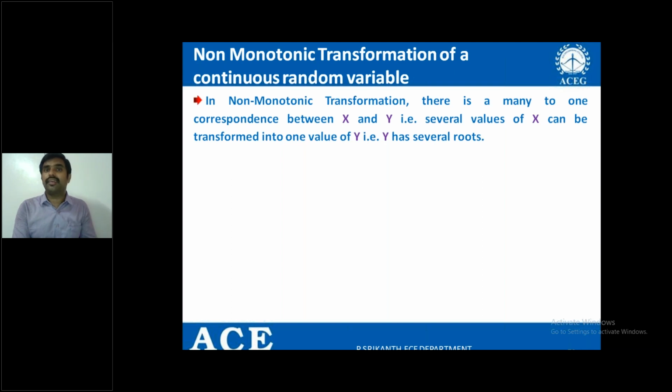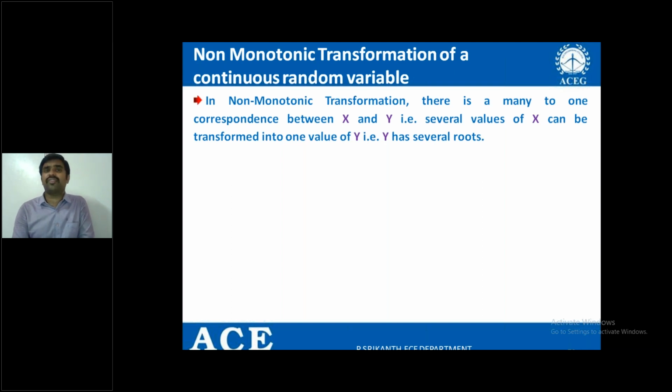Whereas in this case, the new element may be in correspondence with more number of elements in the existing random variable x. How? That is, there is many to one correspondence between x and y. That is, several values of x can be transformed into one value y naught in y.